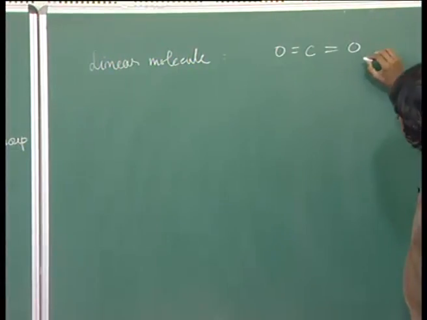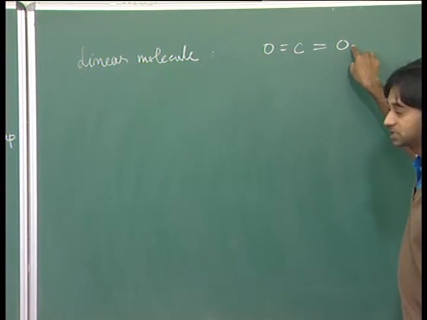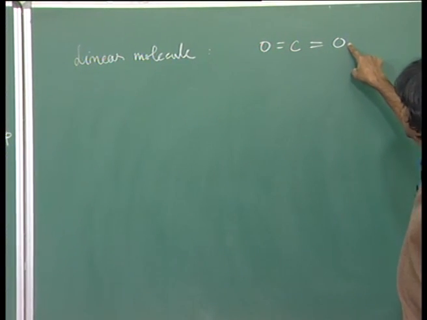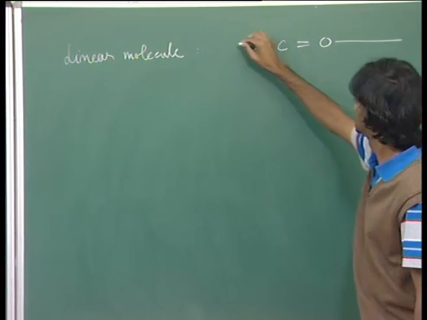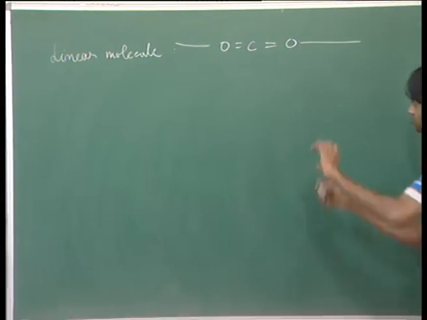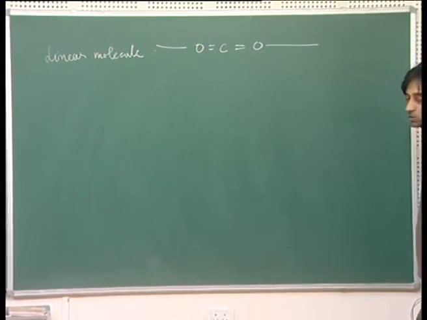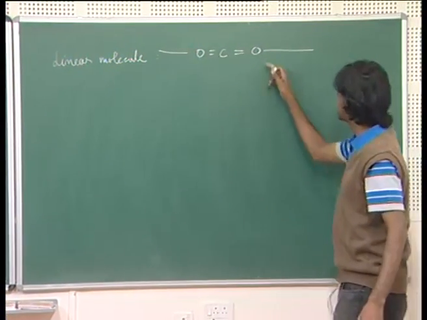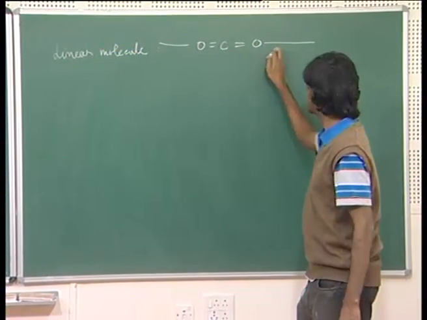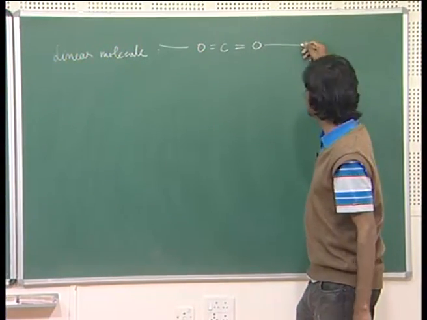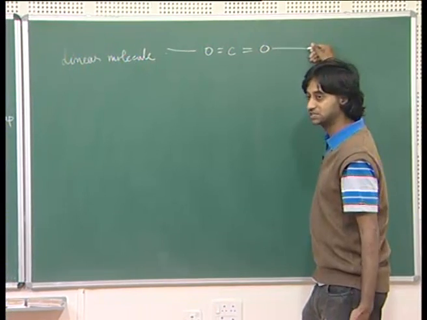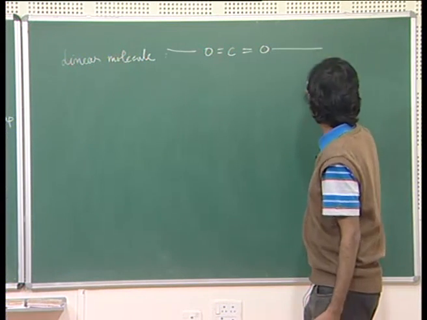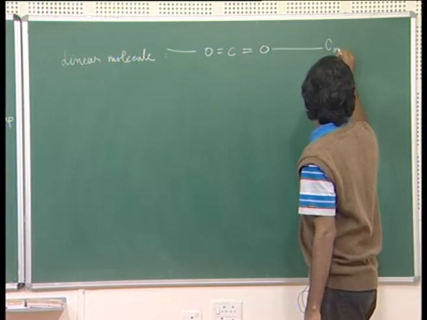CO2 is a symmetric linear molecule, and what we notice is that if you rotate the molecule about this axis, you will get back the molecule. Since the molecule lies entirely on this axis, any rotation by any angle about this axis is a symmetry operation. So this axis is called a C infinity axis.